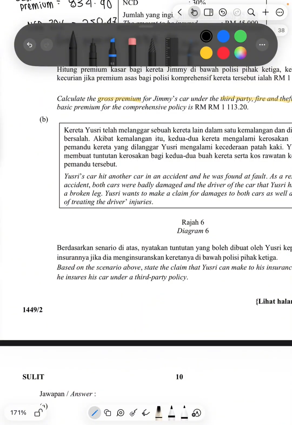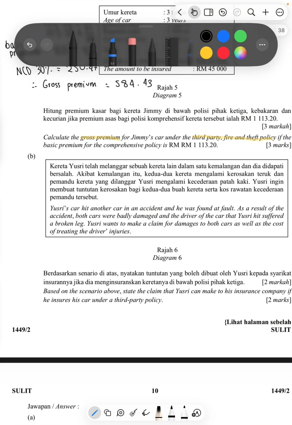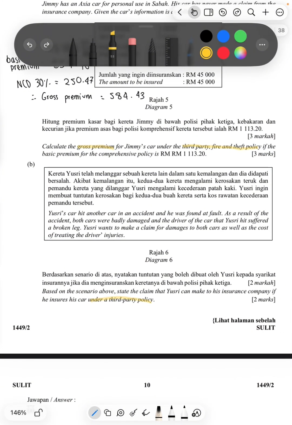Now, based on the scenario above, state the claim that Yusri can make to his insurance company if he insures his car under third-party policy. Yusri's car hit another car in an accident and he was found at fault. As a result of the accident, both cars were badly damaged and the driver of the car that Yusri hit suffered a broken leg.